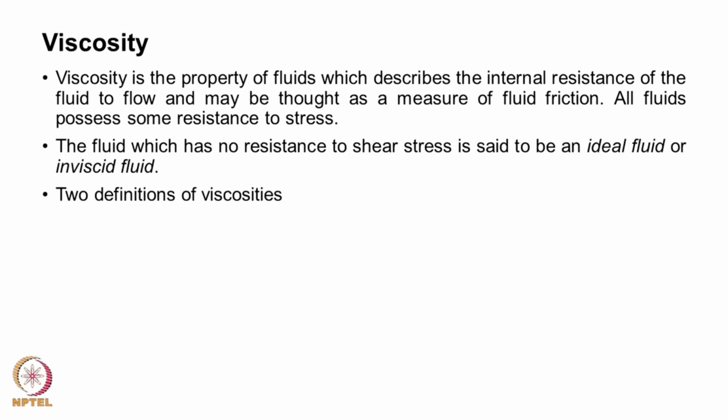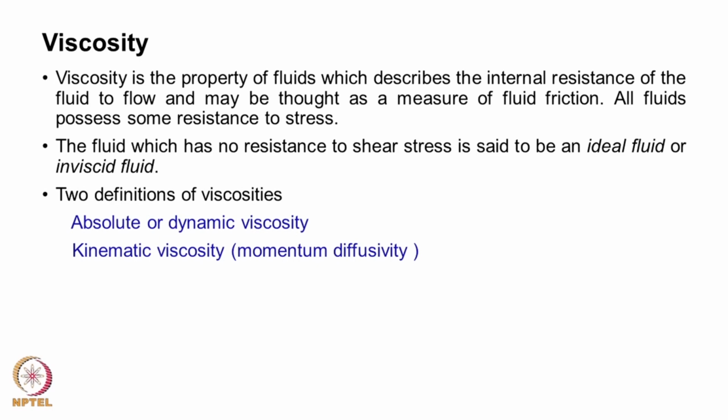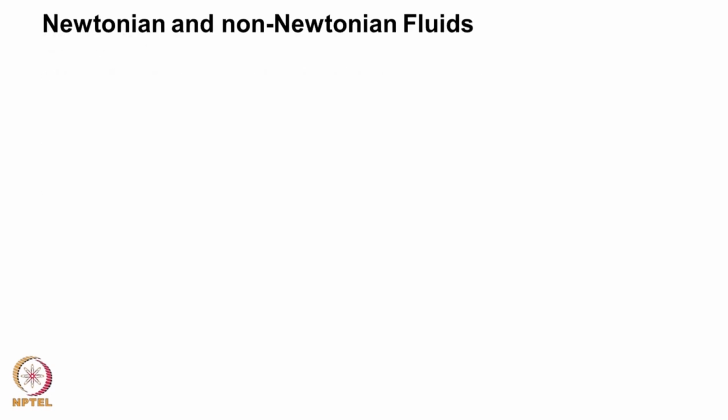There are two definitions available. One is absolute or dynamic viscosity, the second is kinematic viscosity, also called momentum diffusivity, and these two are interrelated. Having defined viscosity, stress and strain, one can classify fluids based on how they behave.